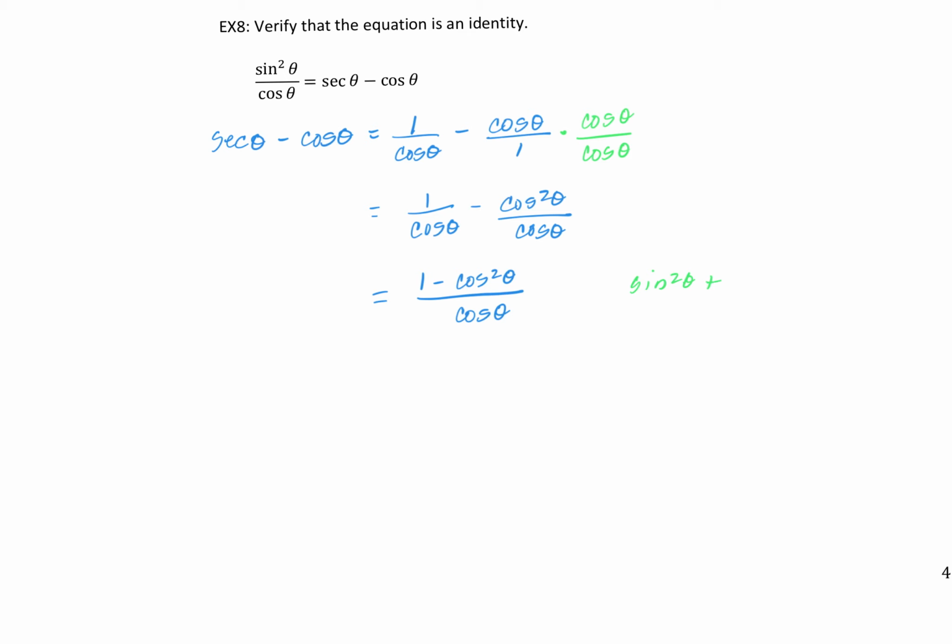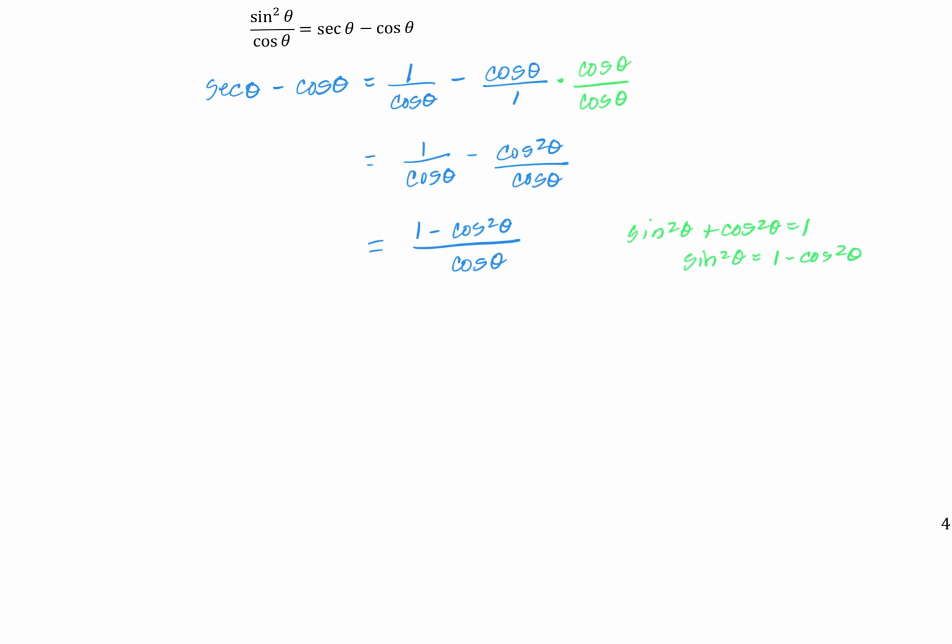Sine squared theta plus cosine squared theta is equal to 1. So if I simply subtract cosine squared from both sides, I have sine squared theta is equal to 1 minus cosine squared theta. So I can replace the 1 minus cosine squared with sine squared.